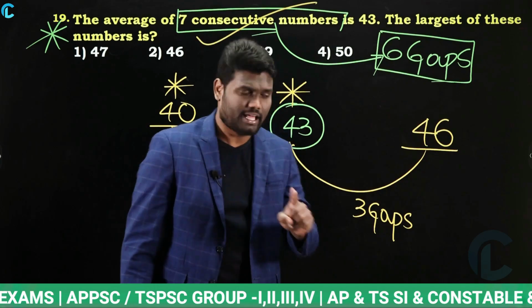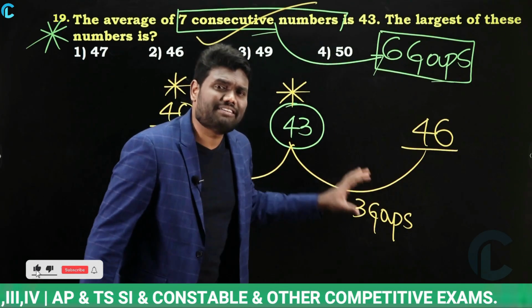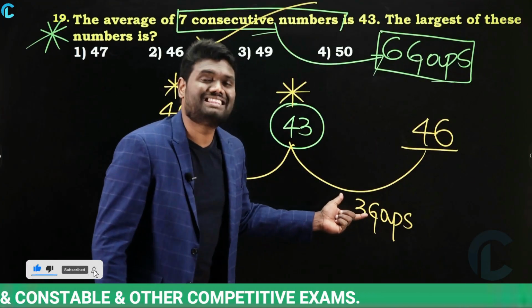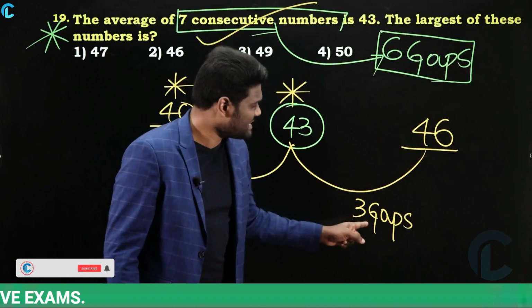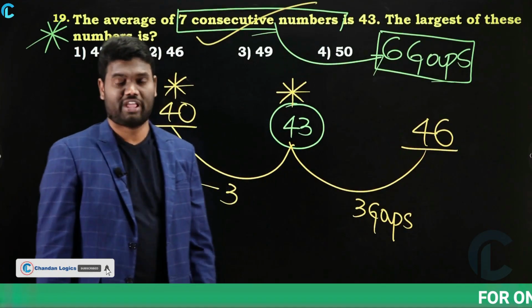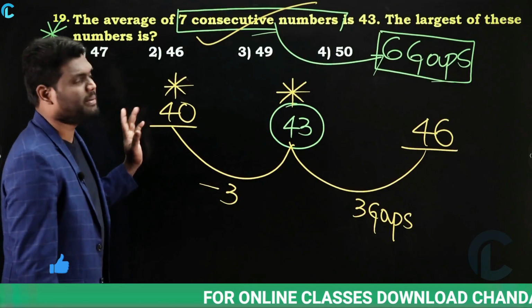As the difference is 1, 3 gaps means 3 difference, 5 gaps means 5 difference, 7 gaps means 7 difference. As you have 3 gaps, it is going to be 3 difference. So 43 plus 3 is 46. If it is the smallest number, 43 minus 3 is 40.